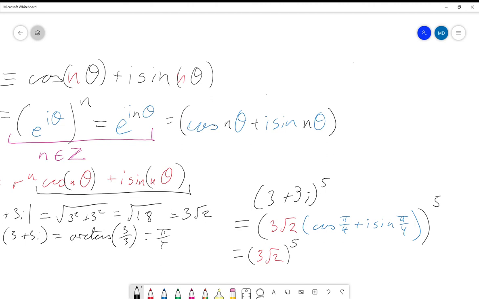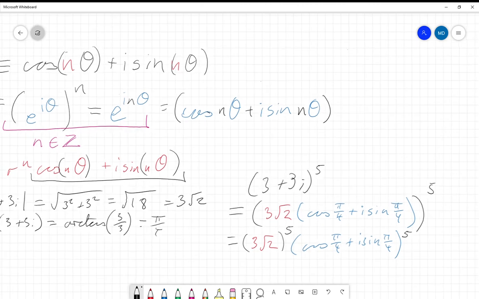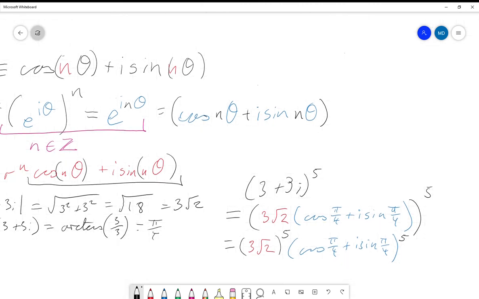Well, this is actually just expanding at this point, but we'll get to de Moivre's theorem in a moment, multiplied by cosine of pi over 4 plus i sine pi over 4, to the power of 5. And 3 root 2 to the power of 5 is going to work out as 243 multiplied by the square root of 32.